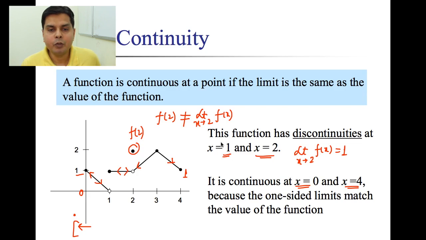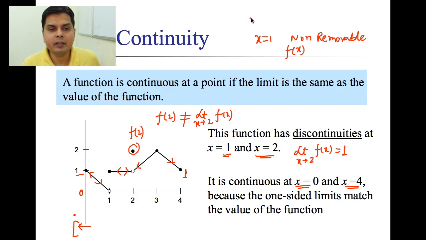Whether the discontinuity at x is equal to 1 is removable or non-removable, it is a non-removable discontinuity. Why? Because at x is equal to 1 the limit itself does not exist. So if the limit of the function does not exist, no matter how you define your f(x), you cannot remove this discontinuity.